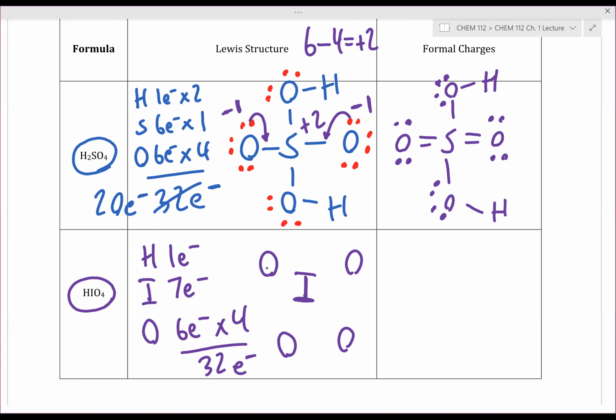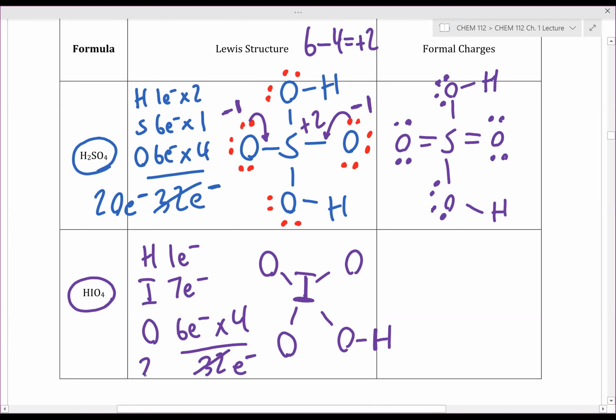So what are we gonna bond to hydrogen? Iodine or oxygen? Oxygen. Okay, perfect. Our next goal in this process is to form 1 bond each. 1, 2, 3, 4, 5. Okay, so we formed a total of 5 bonds, and we've used up 10 electrons.